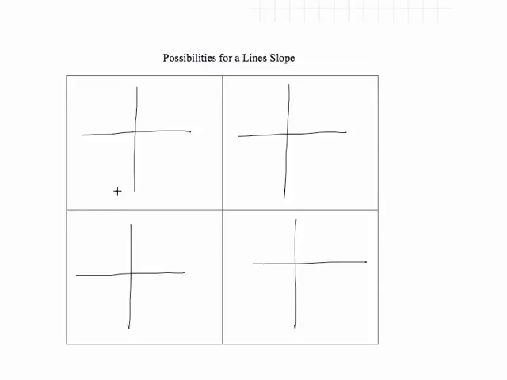If your line is increasing and very, very steep, that would mean that your slope m is greater than 1 because it's going up and it's got a really steep line. If it's increasing but it's got more of a flatness to it, anything less than 45 degrees, then it's between 0 and 1. Now it's greater than 0 because it's increasing, but it's less than 1 because it's flat.